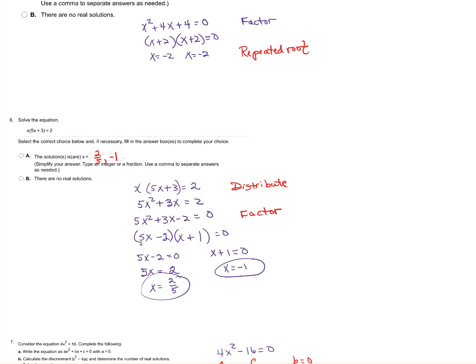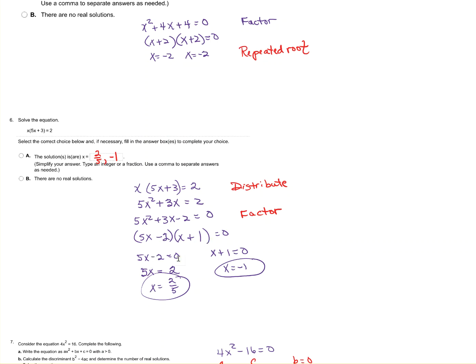So we have 5x and x. The things that can multiply to give us 2 are only 2 and 1. We're trying to get a 3 in the middle. Positive 5x minus 2x would give us the 3x. So that works. And it really is trial and error. If it didn't work the first way I try it, then I try it the other way. You always want to check yourself.